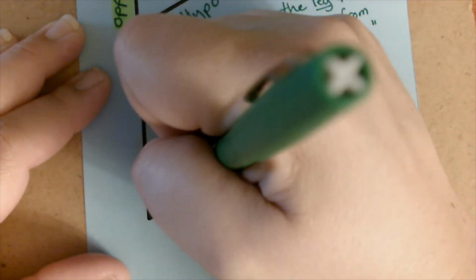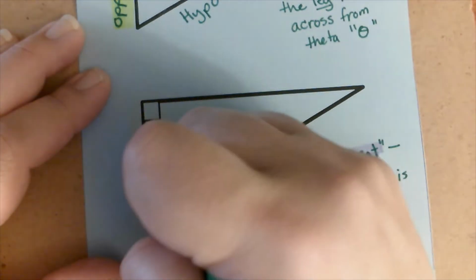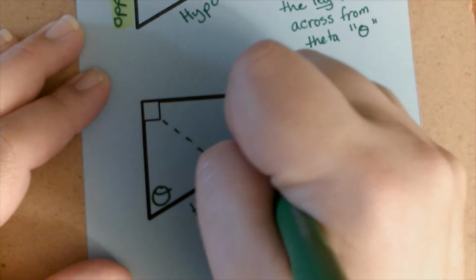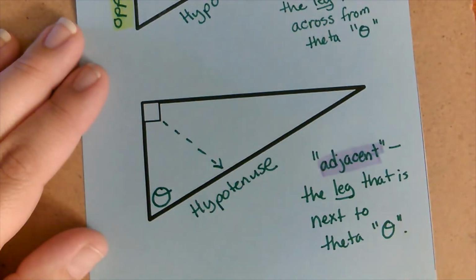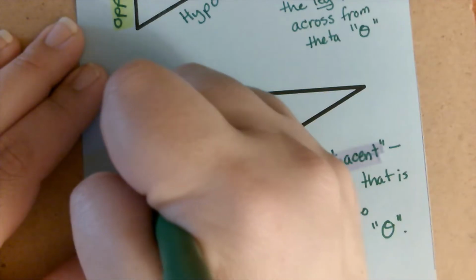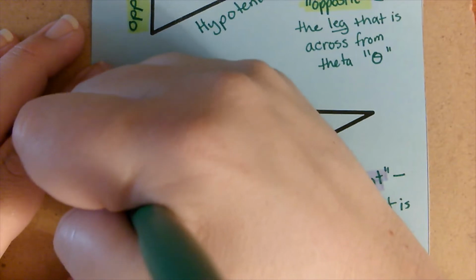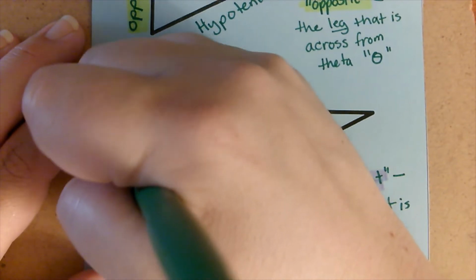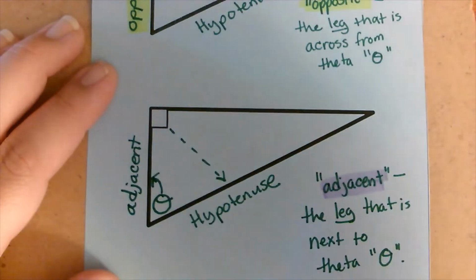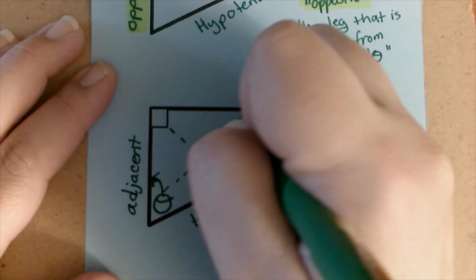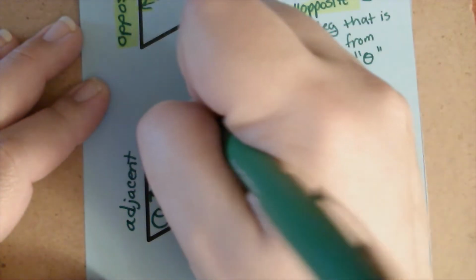That doesn't change no matter where I put theta. Next to theta is going to be our adjacent side, and opposite the theta is going to be our opposite side.